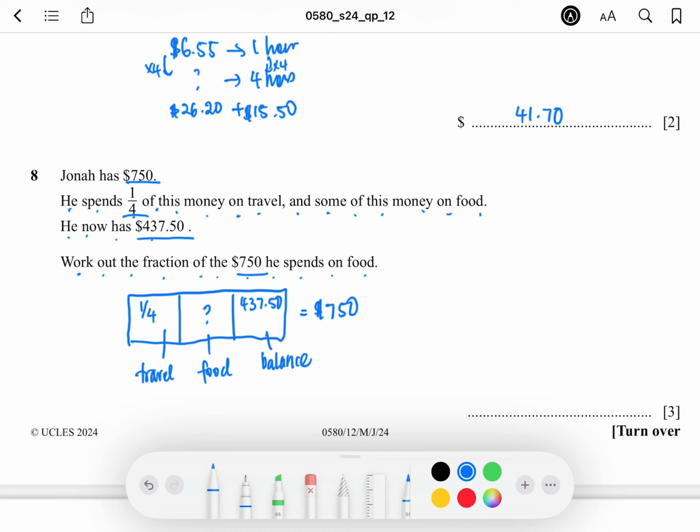Danish? Minus? Apa yang di minus? 750 minus 437.50 cents saja. Minus minus 1/4. Kan? 750 tolak 437 tolak 1/4, you should get this one.